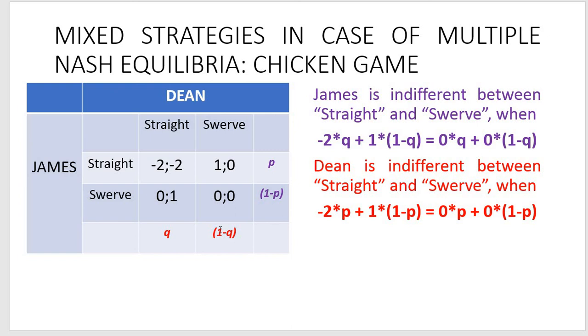Dean is indifferent between going straight and swerving when his expected payoff associated with this strategy is equal to the expected payoff associated with this strategy. So here we have -2 times p plus 1 times 1 minus p equal to 0 times p plus 1 minus p times 0.